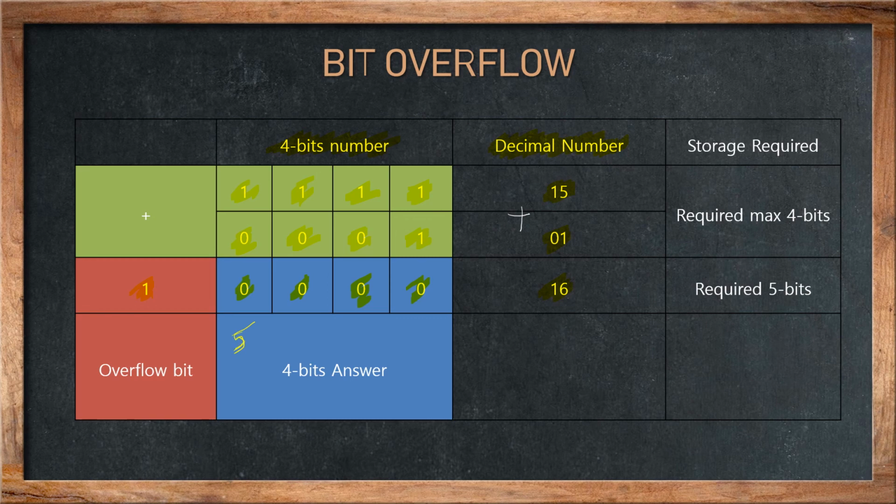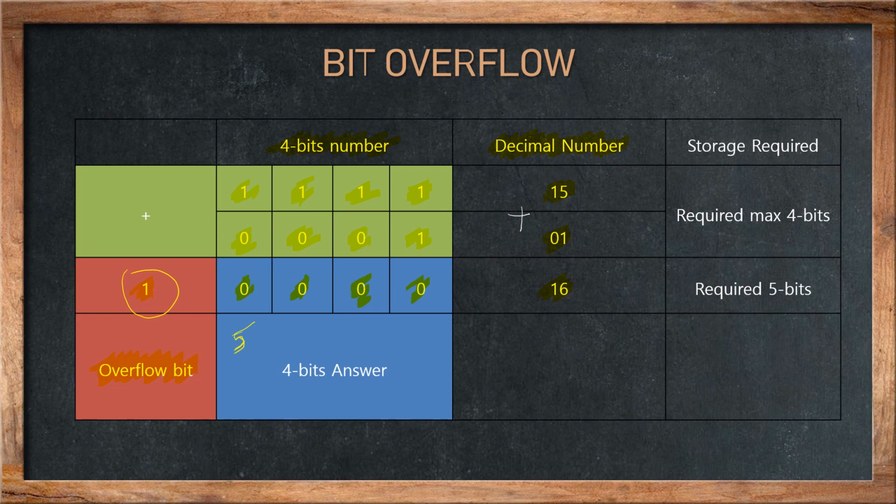So when you are performing the operation on n bits, and you get the answer in n plus 1 bits, that extra bit we call the overflow bit. So this is the concept of the overflow bit.